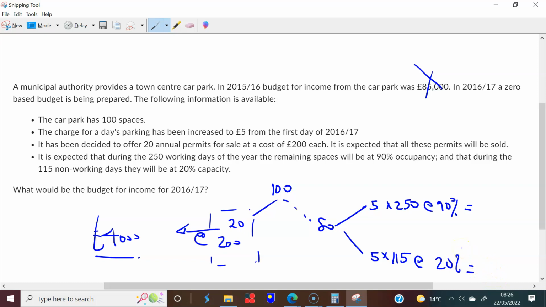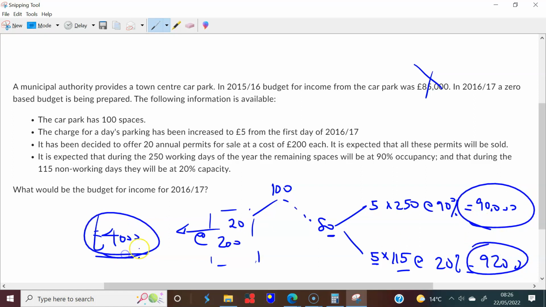So here's my calculator. We have 80 spaces times 5 times 250 times 0.9, which takes us to 90,000. Then we have 80 times 5 times 115 at 20%, which takes us to 9,200.